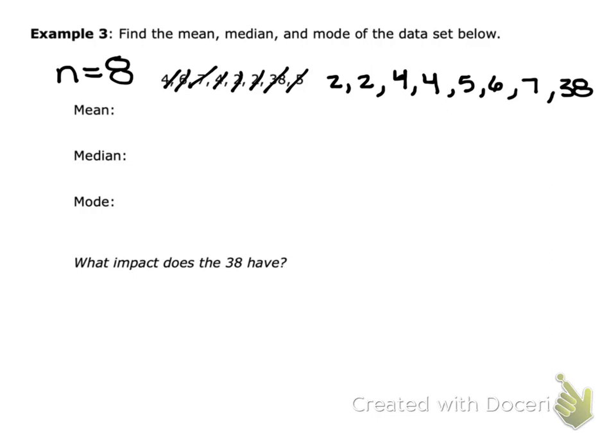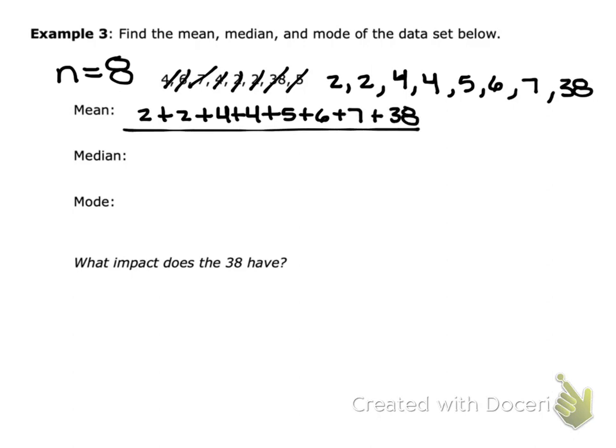Okay, so for the mean, we're going to go ahead and add all of these together, and we're going to divide by 8. When we add all these up, we get 68 divided by 8 for a mean of 8.5.